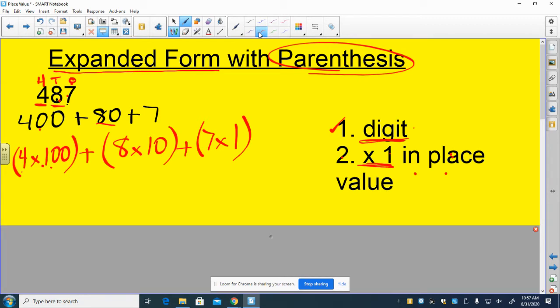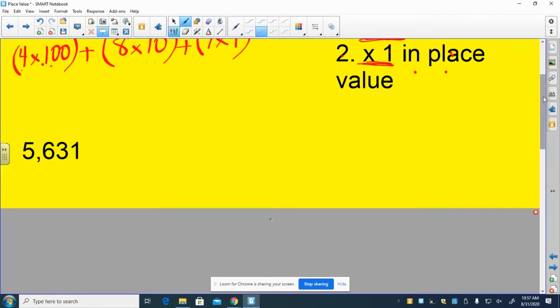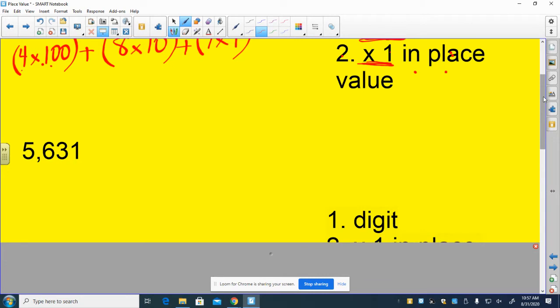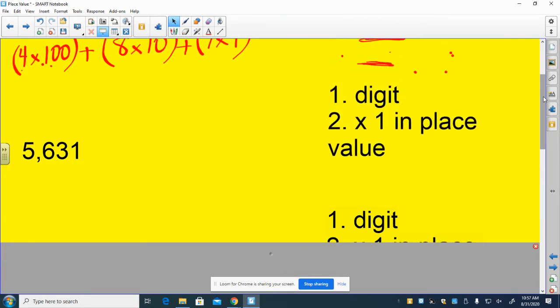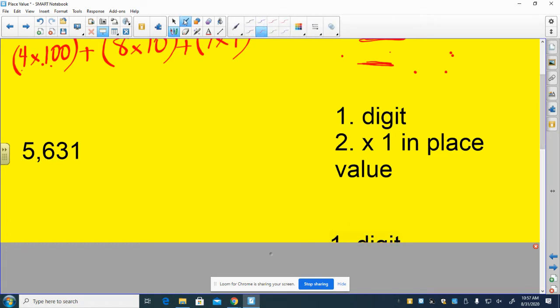I'm going to practice with another number, except I'm going to skip right here. I'm going to show you only with the parentheses. And to help me out, I'm going to bring this down. Okay. So I need the digit. The number is 5,631. The first digit I see is a 5.